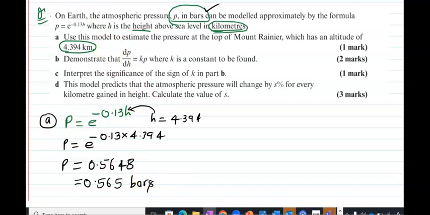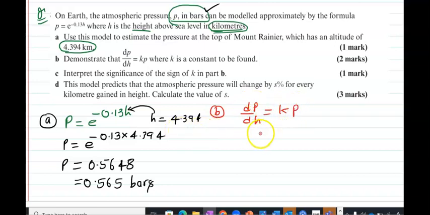Okay. Now second part, B part, here it is written, demonstrate dp over dh. It means we need to demonstrate dp over dh in terms of kp. So our p is e to the power minus 0.13h. So see, p is in terms of h.